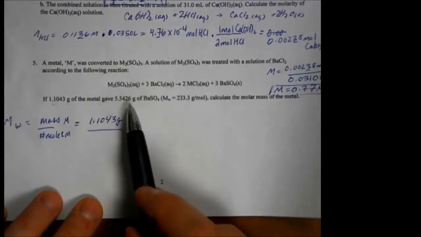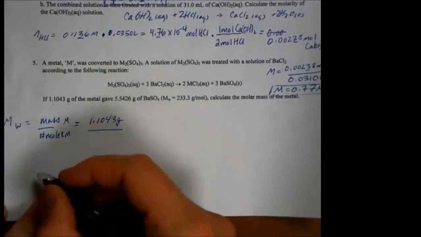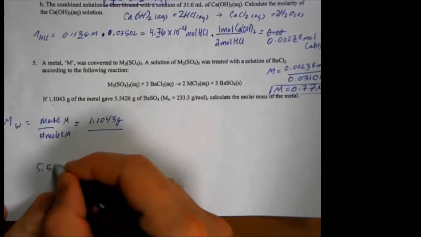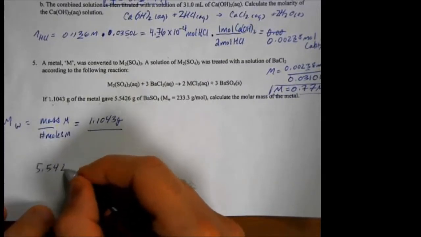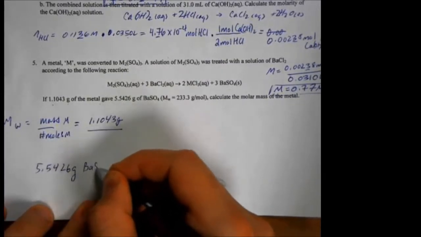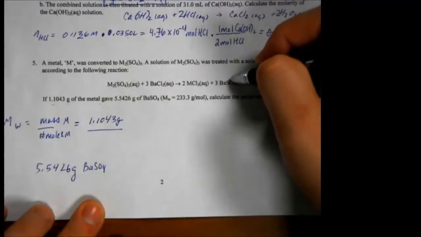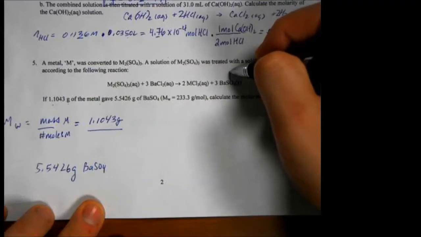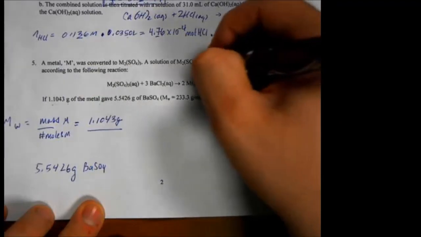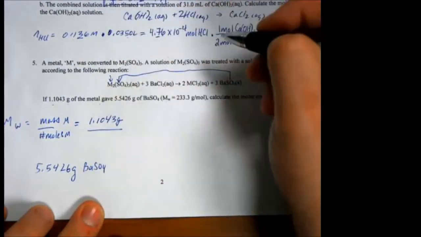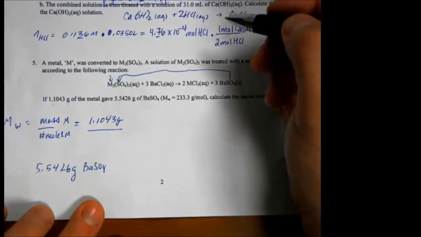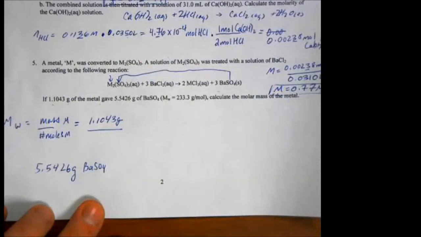It says we got 5.5426 grams of barium sulfate solid. If we can track back from the sulfate to the M2(SO4)3, we can then calculate how many moles of metal there must have been.